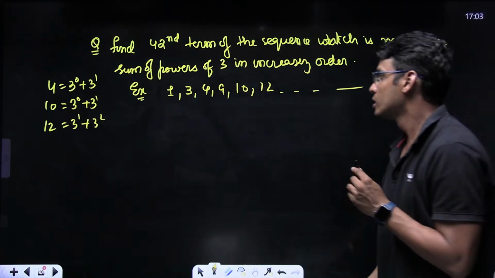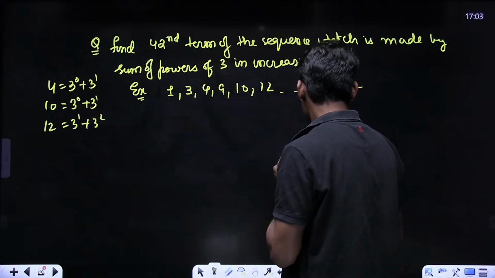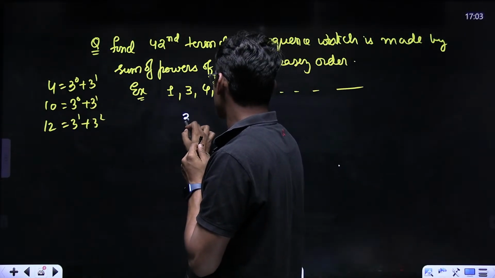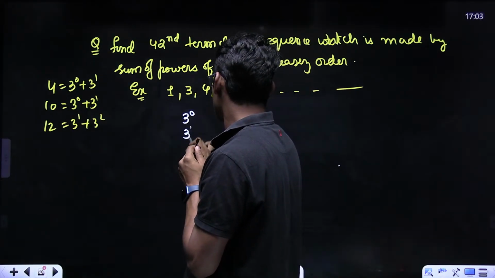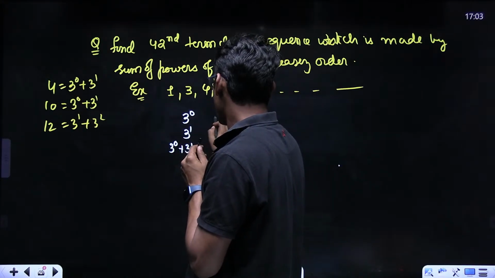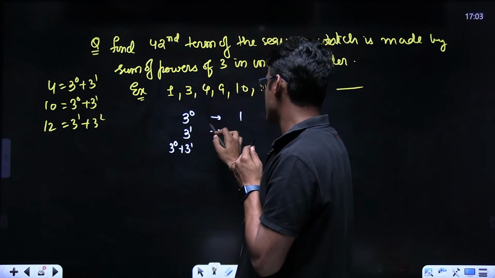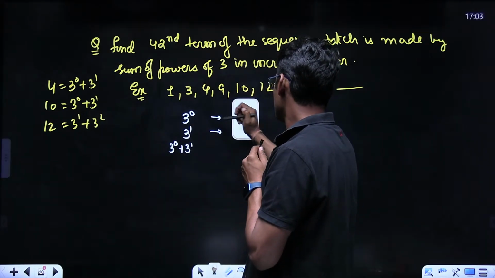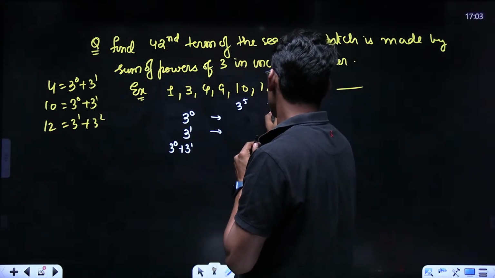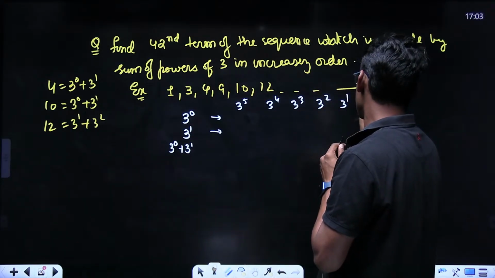Now see, what am I doing here? This is 3 to the power 0, 3 to the power 1, 3 to the power 0 plus 3 to the power 1. Now I am writing coefficients here, for 3 to the power 5, 3 to the power 4, 3 to the power 3, 3 to the power 2, 3 to the power 1, 3 to the power 0.